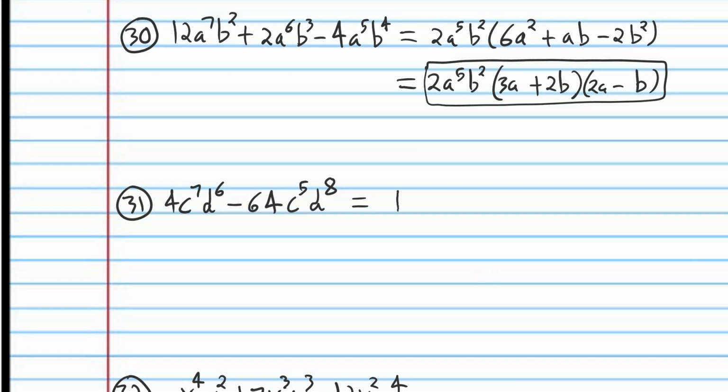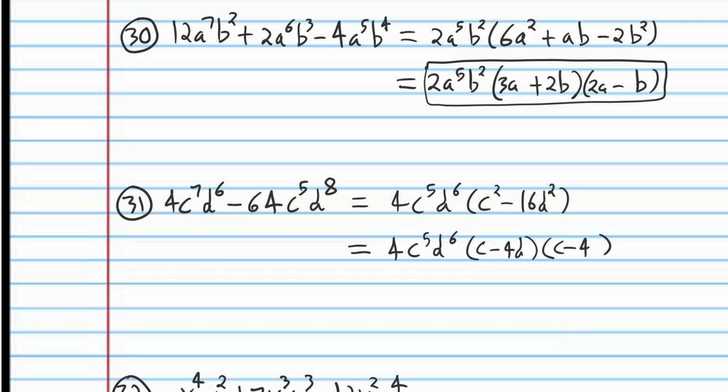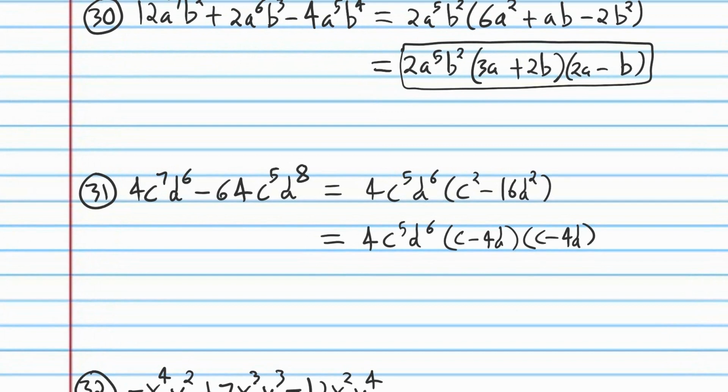All right, we're back. And we get 16. That's the difference of two squares, so what number times itself equals 16?